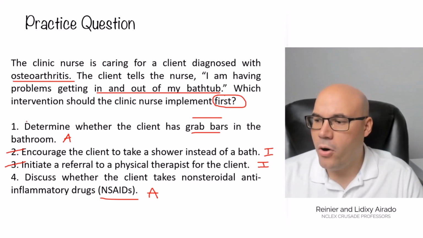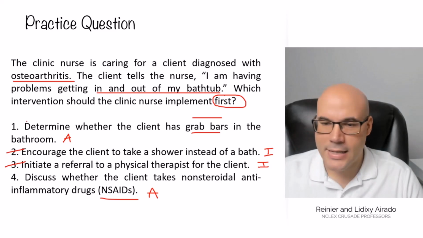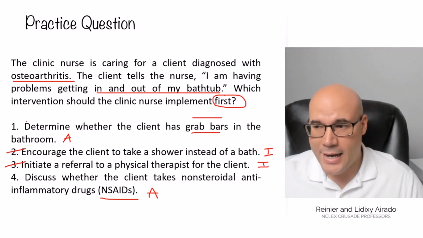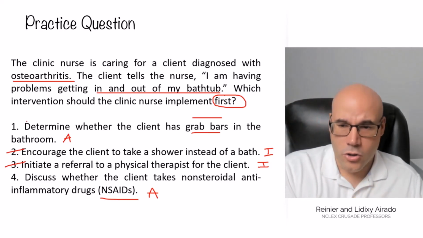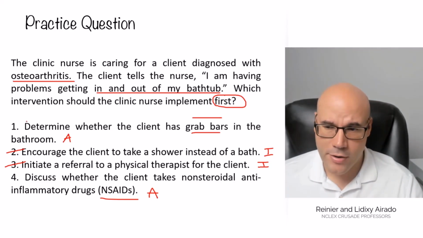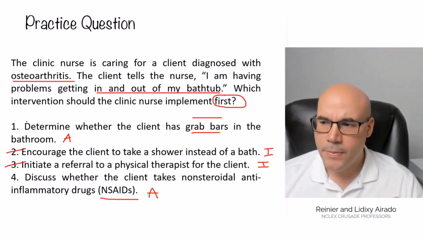Answer number 4 talks about medication, the use of NSAIDs, non-steroidal anti-inflammatory drugs. Yes, it could be important to know if the patient is taking NSAIDs for osteoarthritis. Is the patient taking other medication for osteoarthritis? Maybe there could be an interaction between them too.